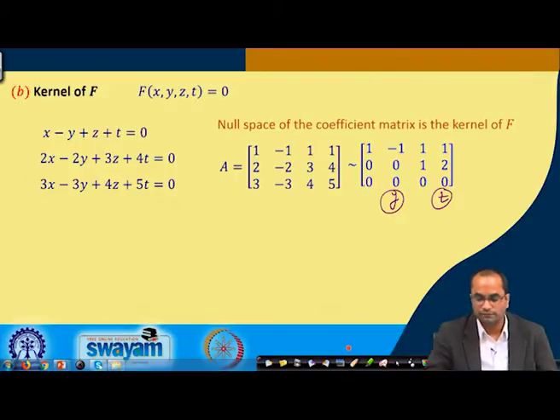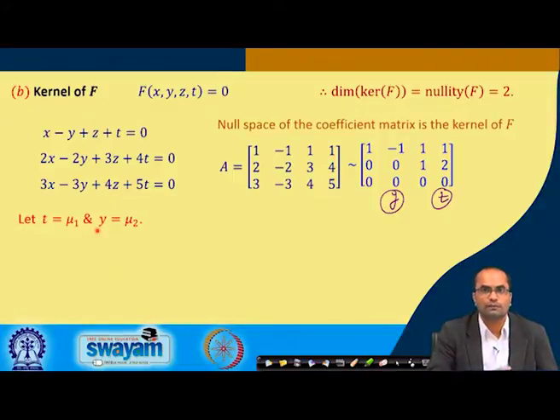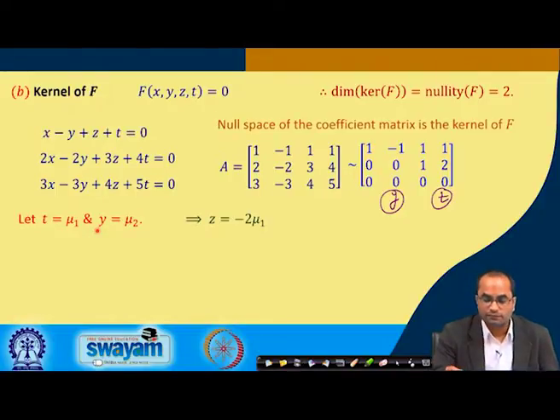They are y and t. We take t equal to mu 1 and for y we take mu 2, arbitrary numbers, because we can choose y and t whatever we like, they are free variables. Having chosen mu 1 and mu 2, we can compute the others.